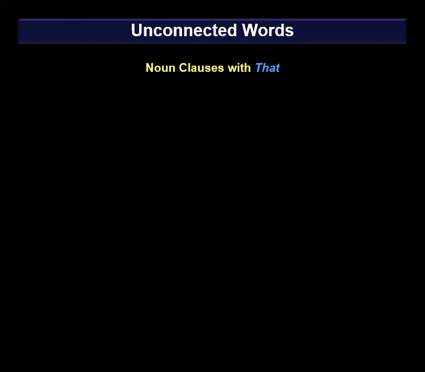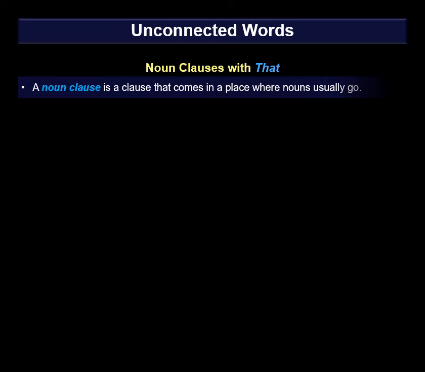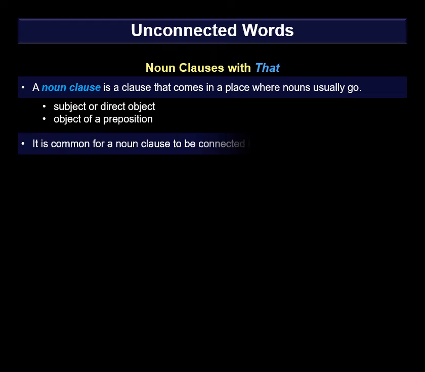Finally, noun clauses with that. A noun clause is a clause that comes in a place where nouns usually go, like subject or direct object or object of a preposition. It is common for a noun clause to be connected by the conjunction that.